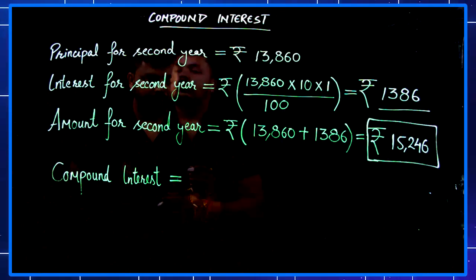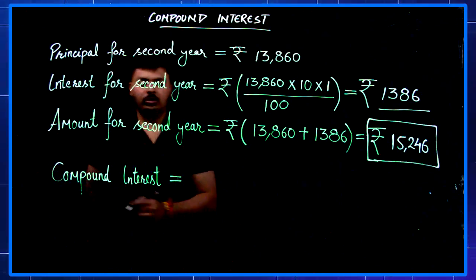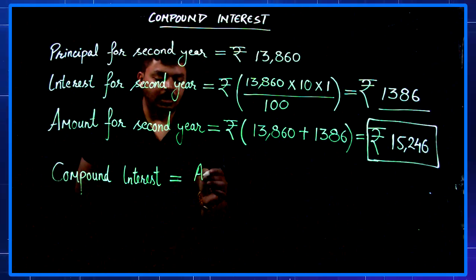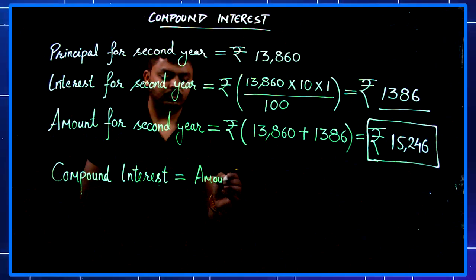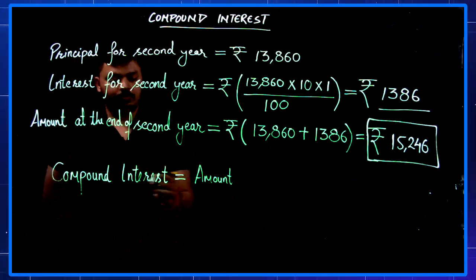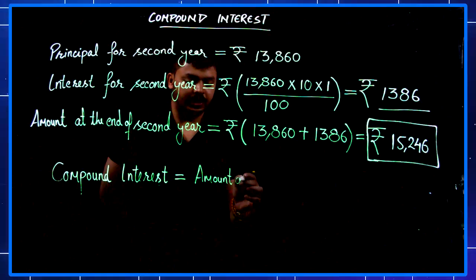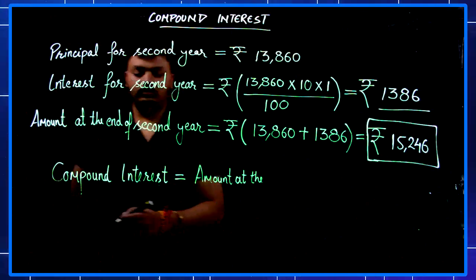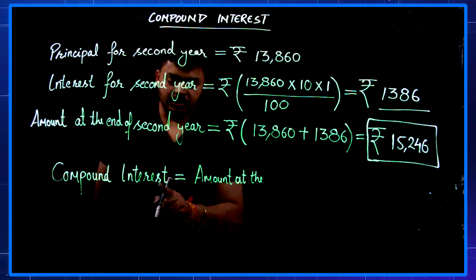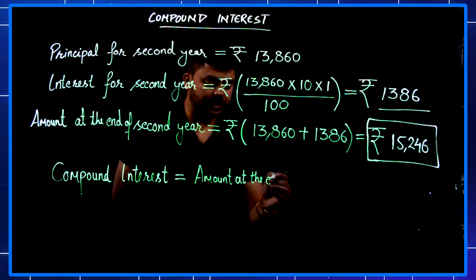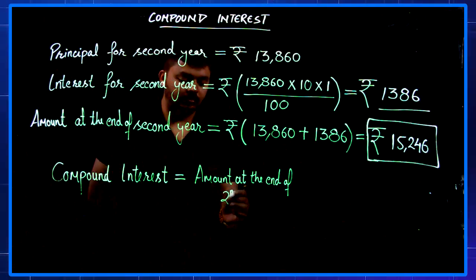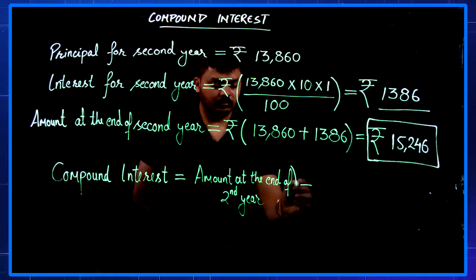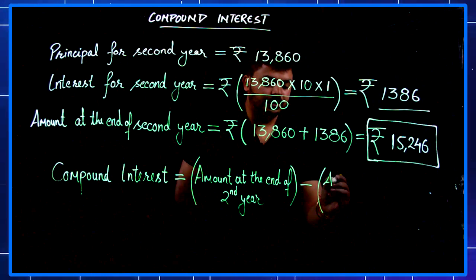So the total compound interest for 2 years is, compound interest equals amount at the end of second year minus the original principal.